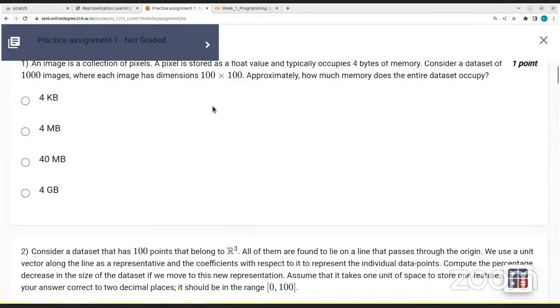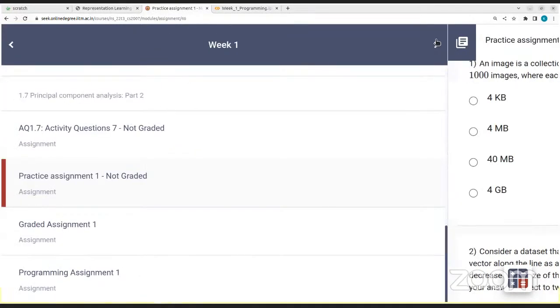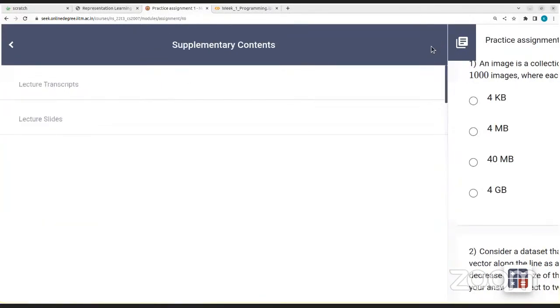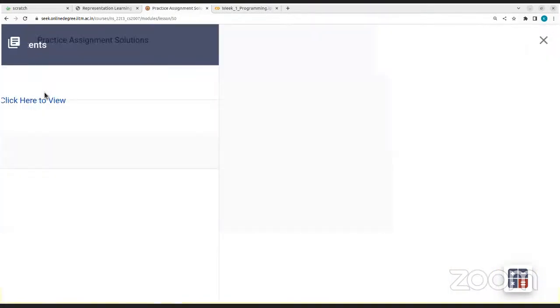I'm not getting how the answer is coming to 40 MB. Okay, did you go through the solution document here? It's simple.